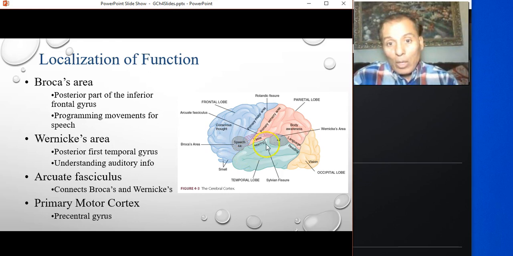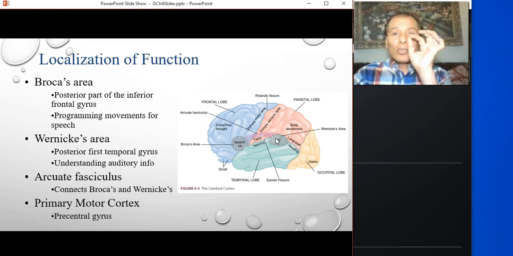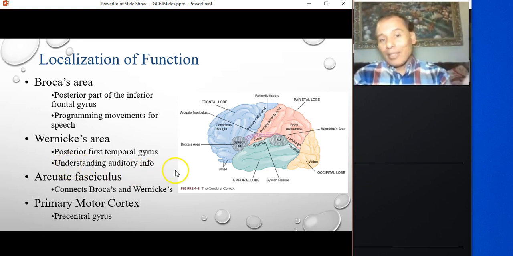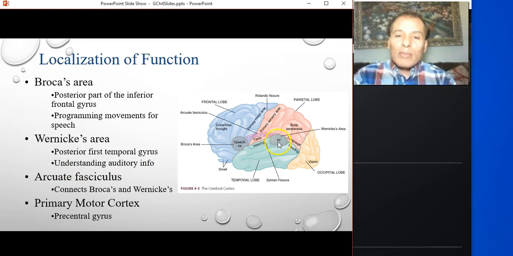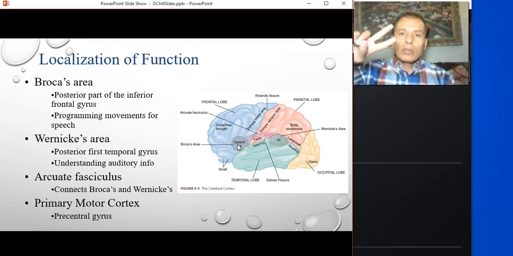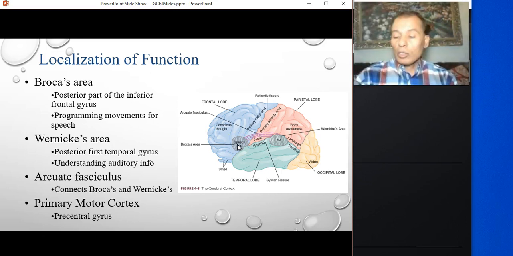So Wernicke's area is dominant for recognizing speech, assembling speech, and associating speech with meaning, which means understanding auditory information, and sending the information to Broca's area. Now, Broca's area has two major functions.